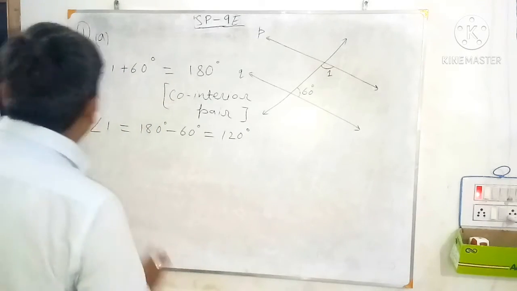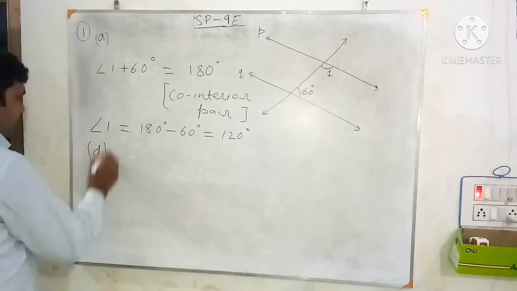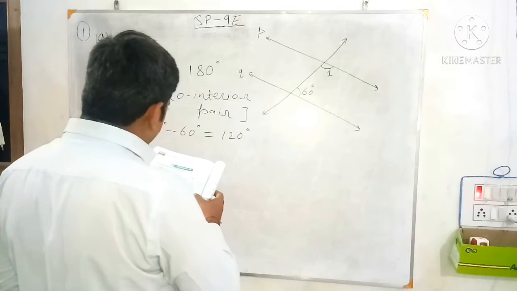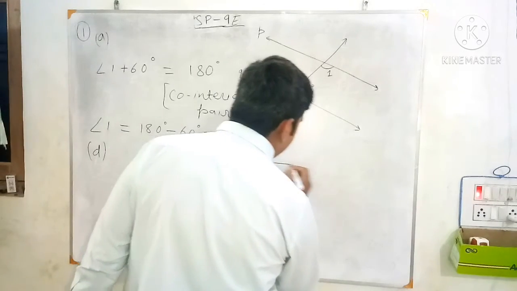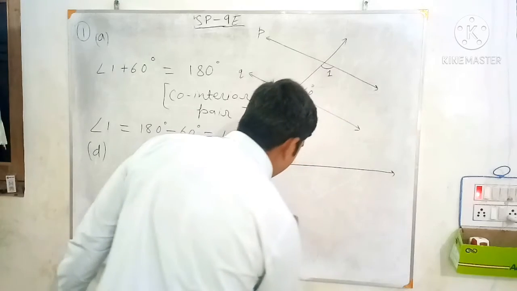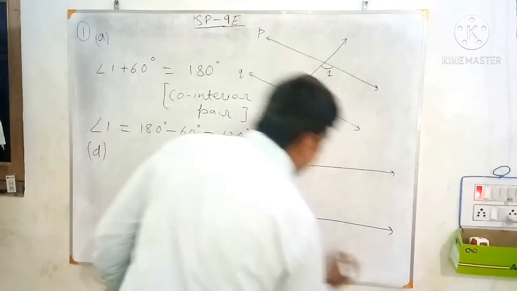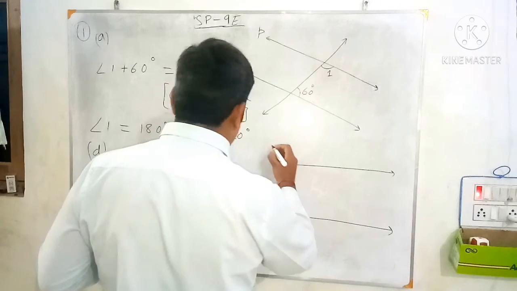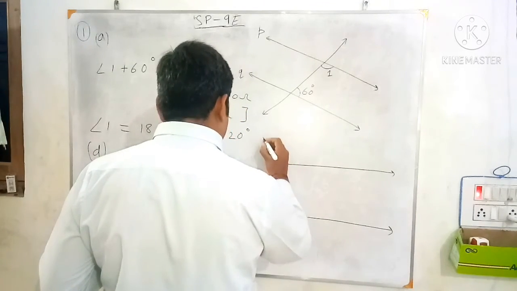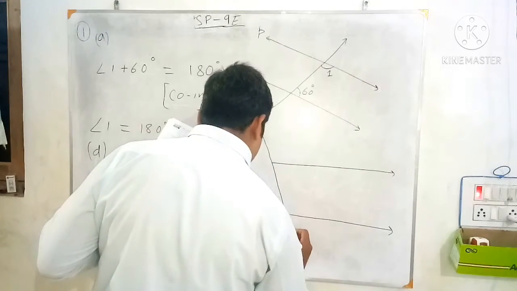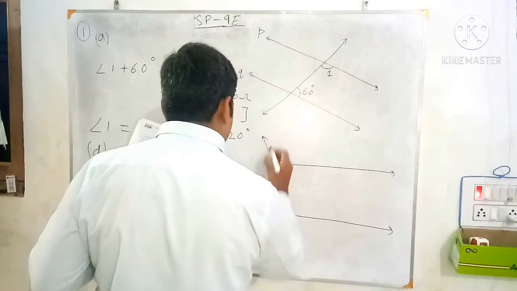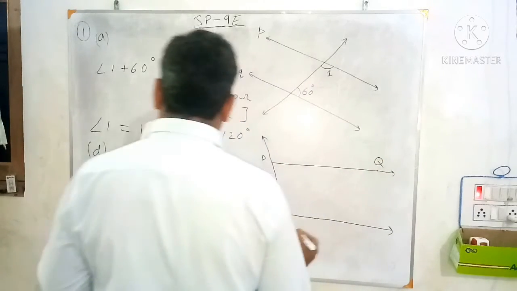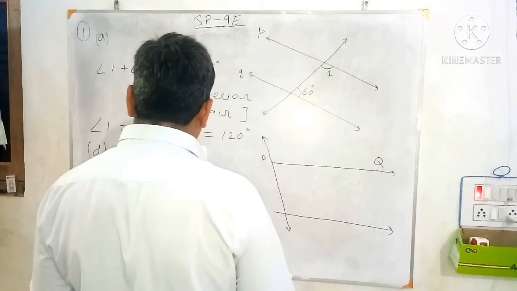Now see, we do the question number D. In this, PQ is parallel to RS, two lines are given. That is point P, and that is Q, PQ.